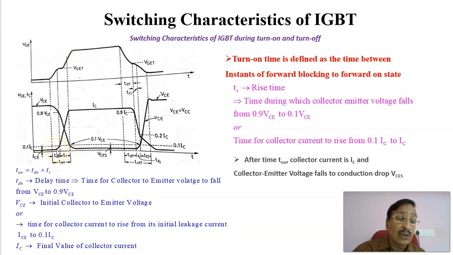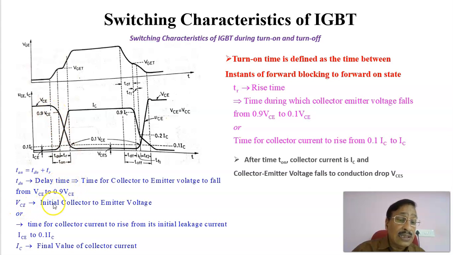That is also the delay time. Both are the same: either the current changes from the leakage current to 10% of the final value, or the collector to emitter voltage changes from VCE to 0.9 times VCE. Both we call the delay time.